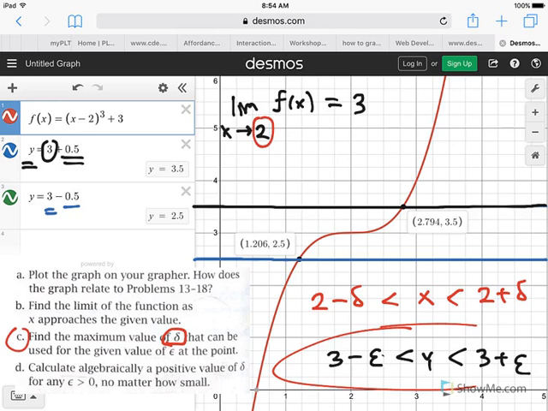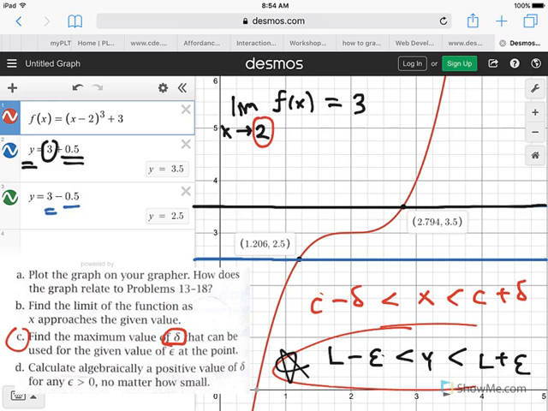So more generally, whatever the limit is, you have the limit minus epsilon and the limit plus epsilon for the range of output values that we're considering. And whatever C is, you have C minus delta and C plus delta for the range of input values that would give us output values from this range.